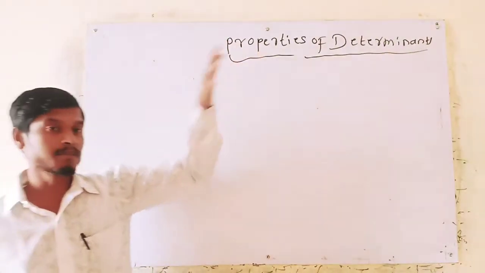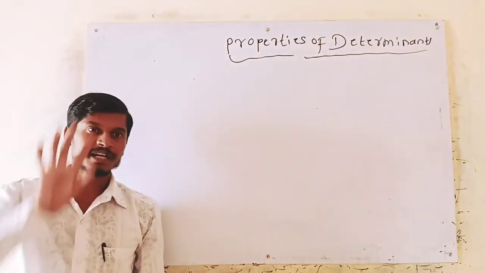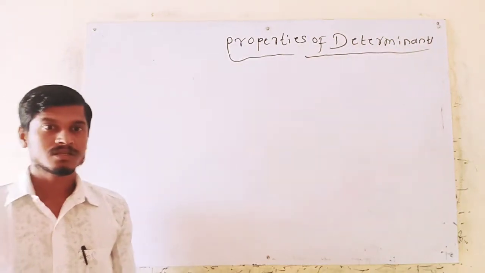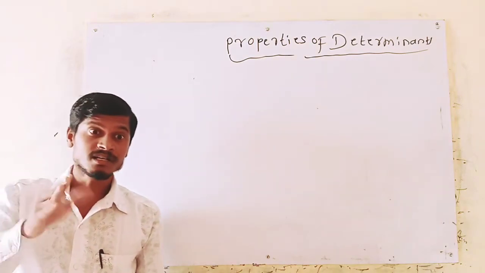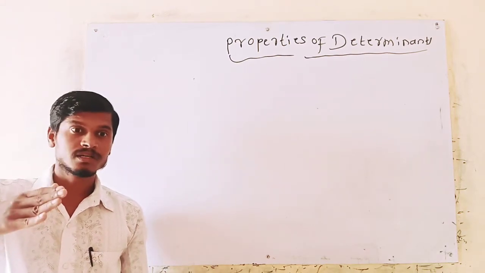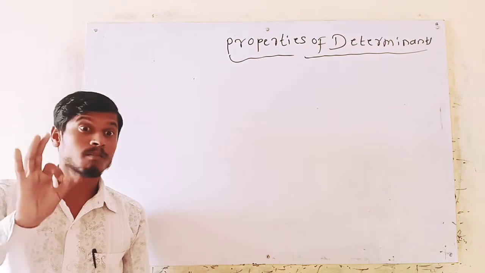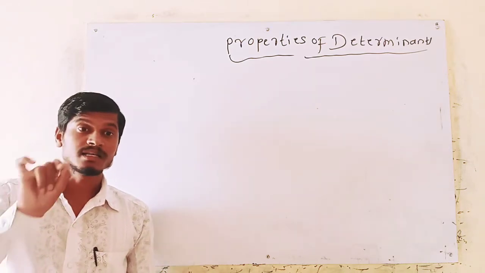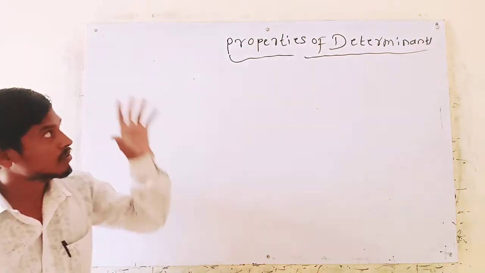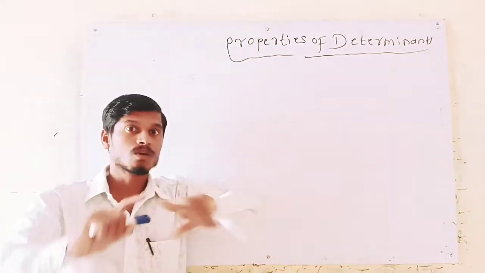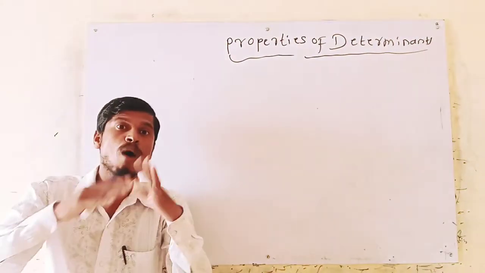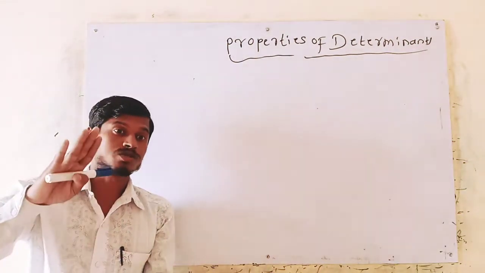Now see where these properties can be applied. If a determinant has an element 0, for easier calculation expand along any row or any column which contains the maximum number of zeros. Then you can easily find the determinant value. So using the properties of determinants, you have to bring that. It means these properties will help you to obtain the maximum number of zeros.